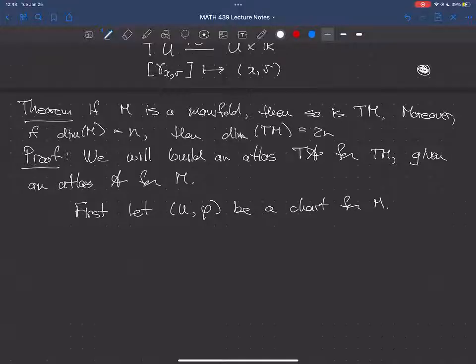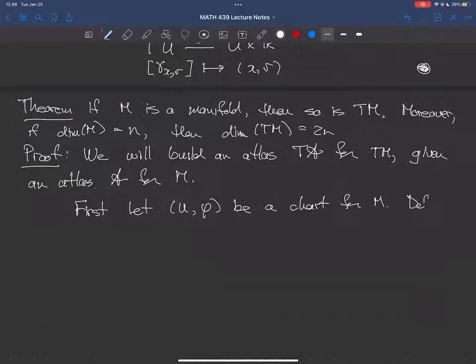All right, so we define a chart for TM, and I will denote that chart by TU, T phi. Okay, and here's how you define TU and T phi.